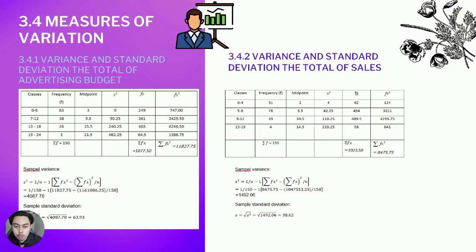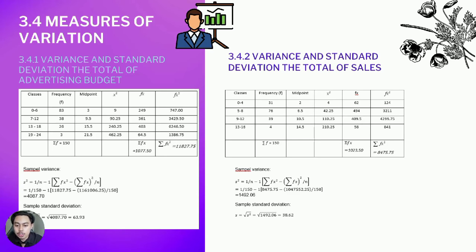Okay, for the next one, we use 3.4.2, which is the variance and standard deviation of the total sales. Alright, the classes are 0 to 4, 5 to 8, 9 to 12, and 13 to 16, and the frequencies we got are 31, 76, 39, and 4. And the midpoints we got are 2, 6.5, 10.5, and 14.5.